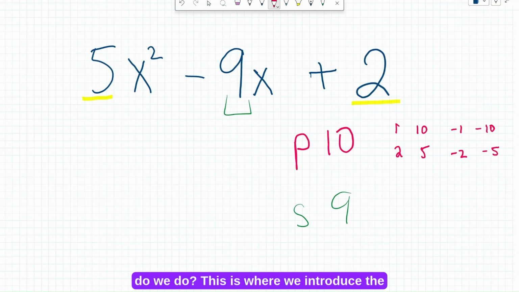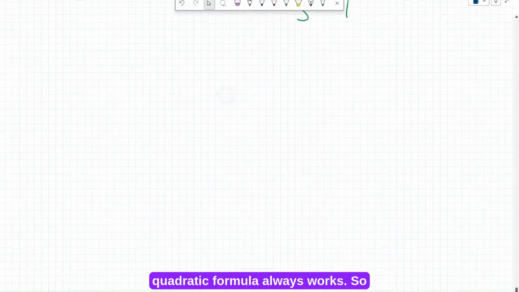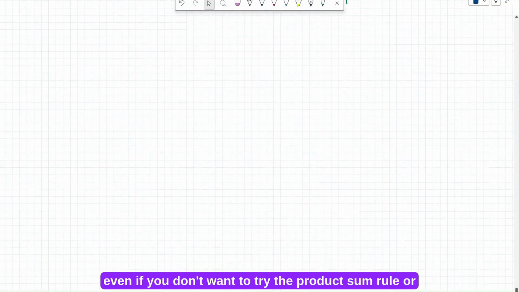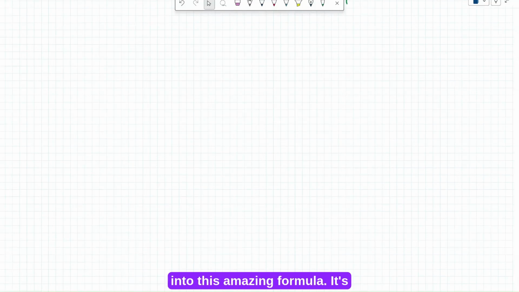So what do we do? This is where we introduce the quadratic formula. The quadratic formula always works. Even if you don't want to try the product sum rule or difference of squares, you can always jump directly into this amazing formula.